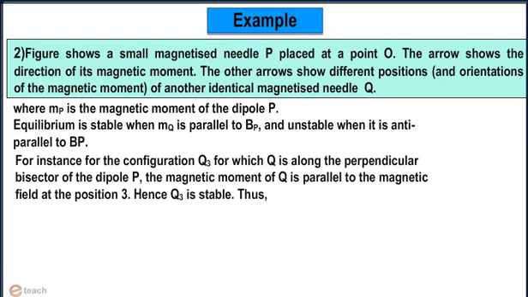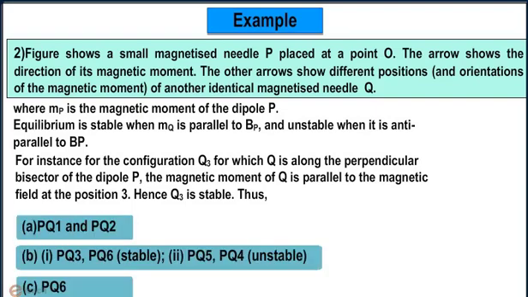For instance, for the configuration Q3, for which Q is along the perpendicular bisector of the dipole P, the magnetic moment of Q is parallel to the magnetic field at the position 3. Hence, Q3 is stable. Thus, the following are the answers.